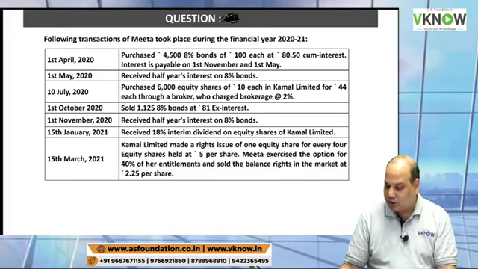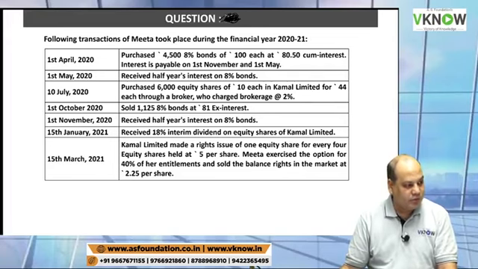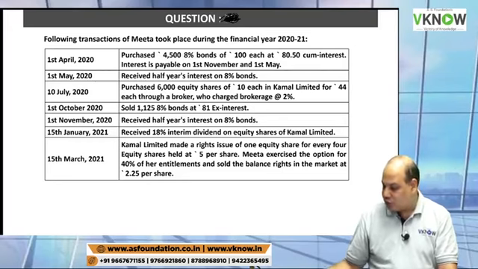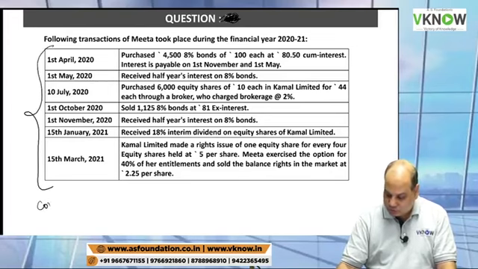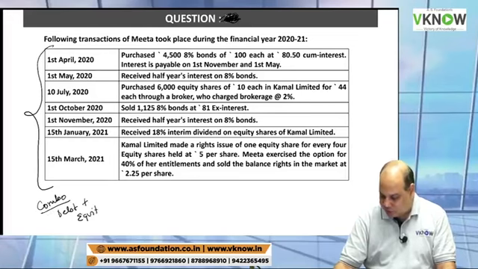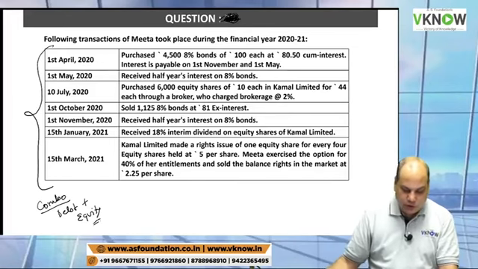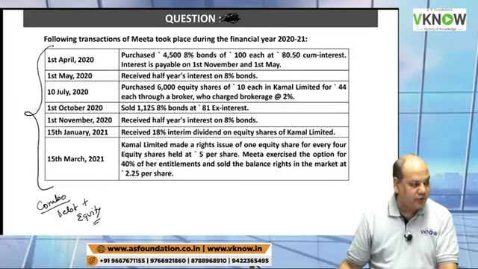10 July 2020, purchase 6,000 shares of rupees 10 each. So what is the beauty of this question? It is a combo of debt plus equity investment. It's a combination of debt and equity investment.